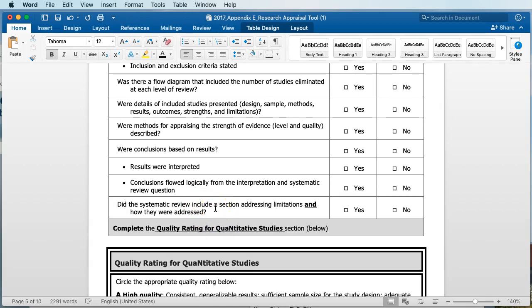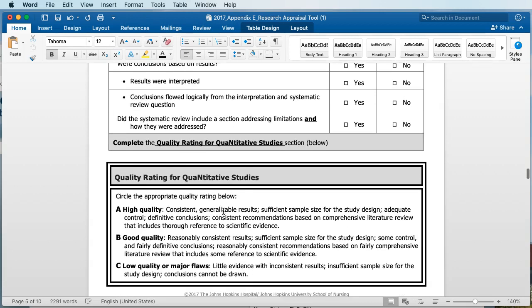So researchers should always speak to their limitations because we know that there's no really perfect study, that there are oftentimes difficulties around populations or accessing samples. So it is important for researchers to think about what were the strengths, but also where might there be some limitations and opportunity to improve the next time they do another study, or for you as the reader to just have a heads up about that.